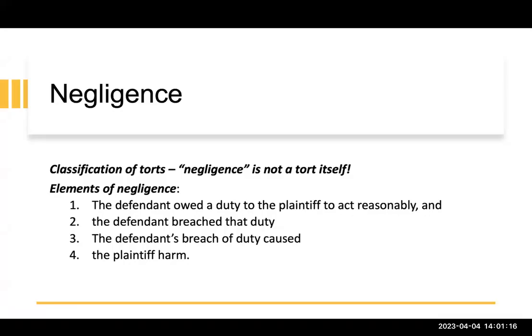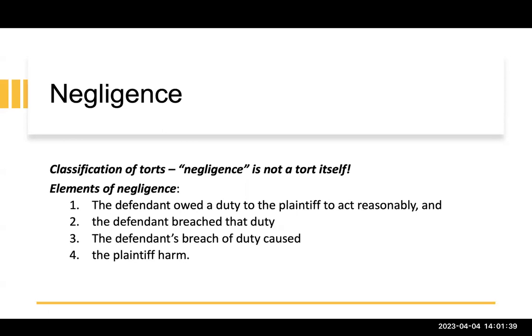The other primary category or classification of torts are negligent torts. And again, as far as our legal system, there are far more negligent torts brought before the courts than intentional torts. You think of a slip and fall in a supermarket or an auto accident.